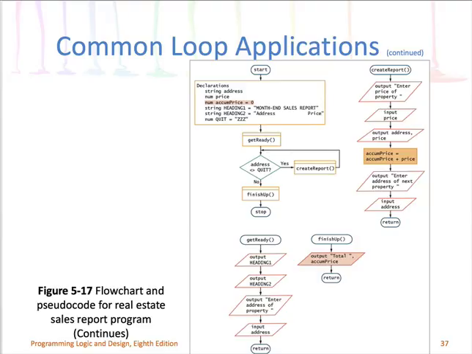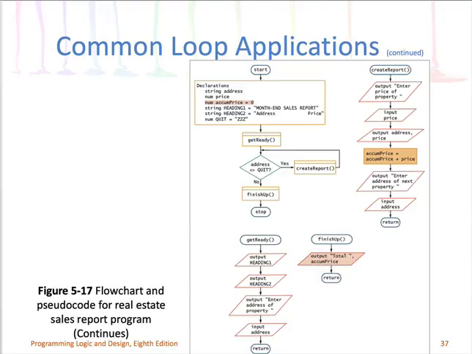So here is the pseudocode, again showing the accumulator price starting at 0, showing that in the report you are going through and adding each additional price to the accumulated price, and then when you're done you're going to output that accumulated price labeled as a total. So that's just pseudocode kind of demonstrating this.